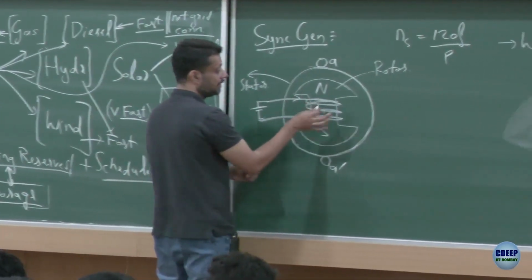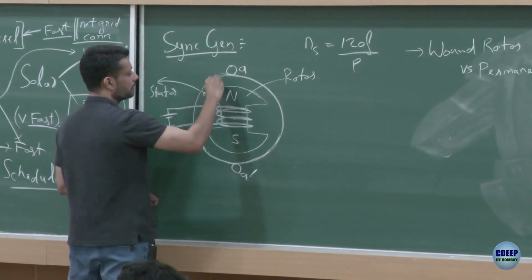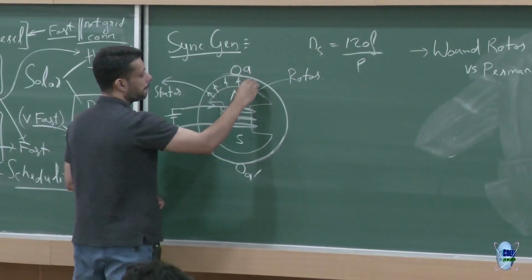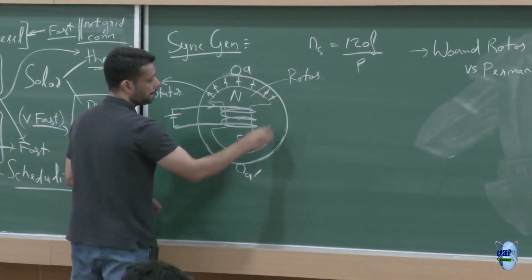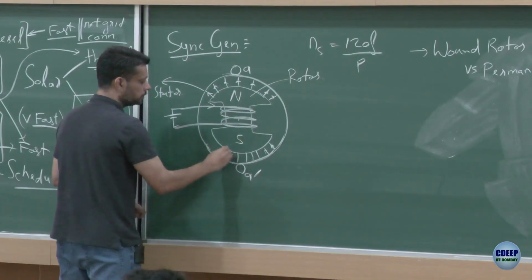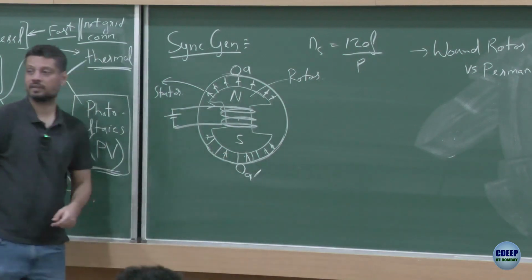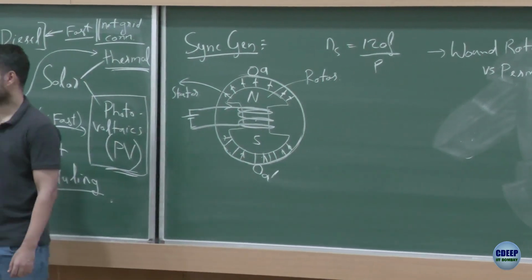The rotor is an electromagnet, so the flux will be in this direction. Is that okay? That is how the flux will be.